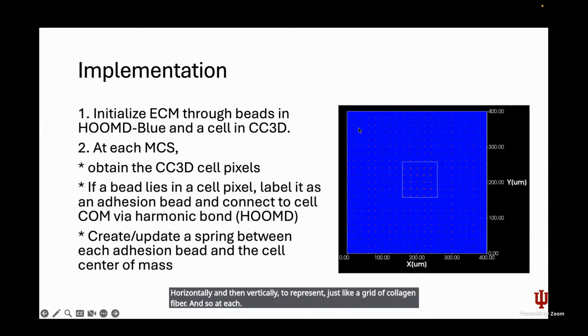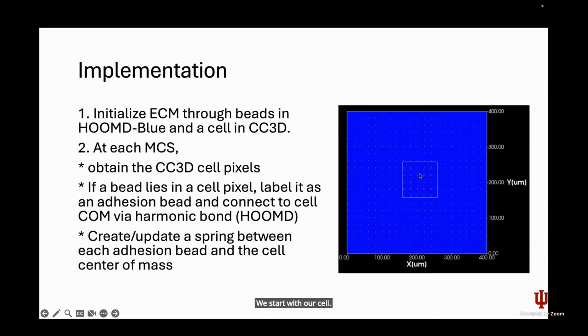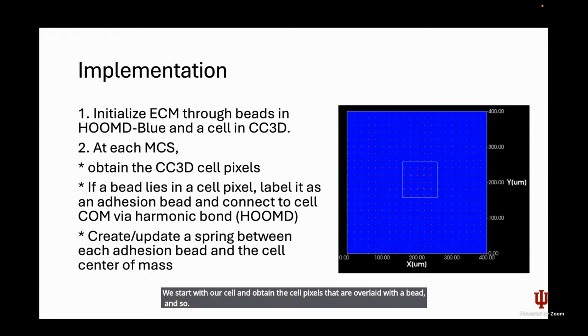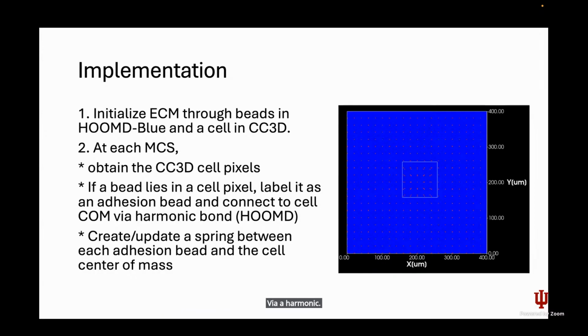At each MCS, we start with our cell and obtain the cell pixels that are overlaid with a bead. If a bead lies within the cell pixels, you label it as an adhesion bead. That is then connected via a harmonic bond in HOOMD to the cell center of mass, which is calculated through CompuCell.